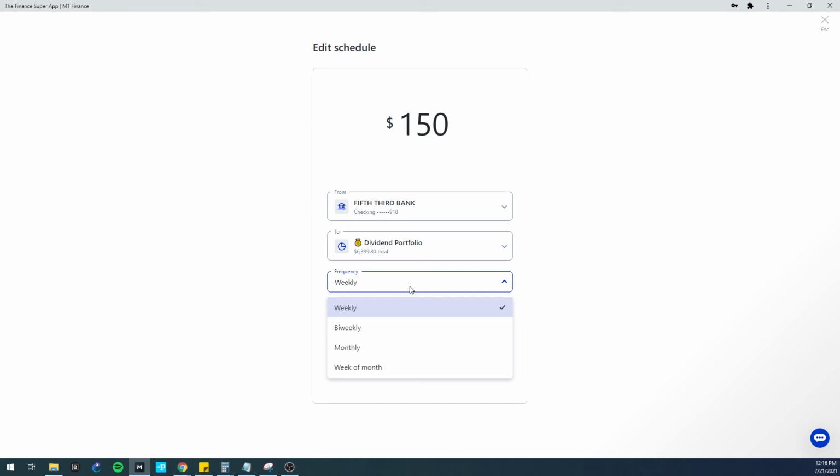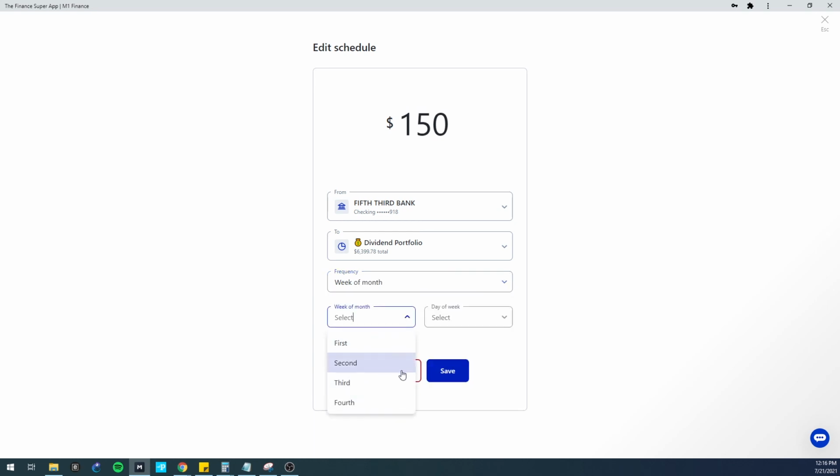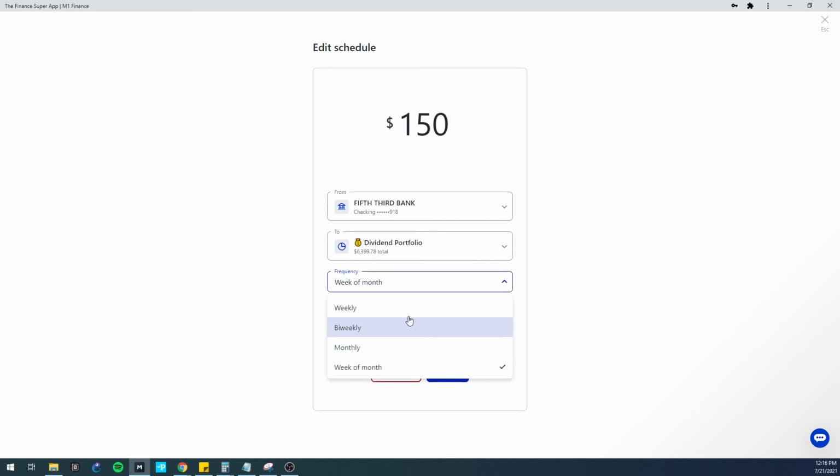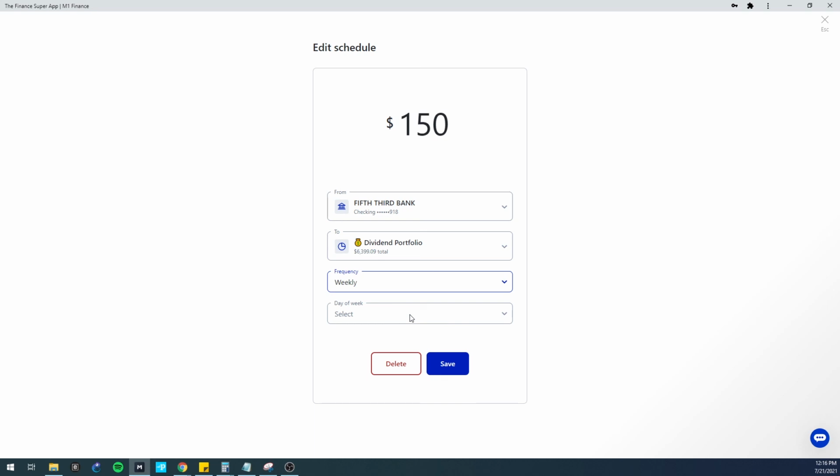You can set that to a specific week and day of the month. Typically, because I dollar cost average on a weekly basis, I choose weekly here. And we have Monday, Tuesday, Wednesday, Thursday, and Friday.